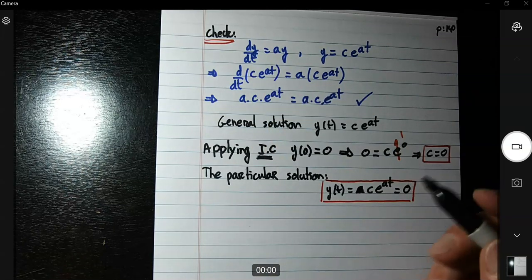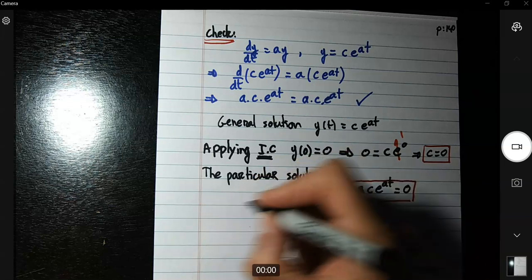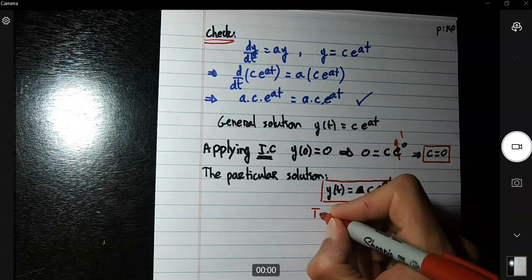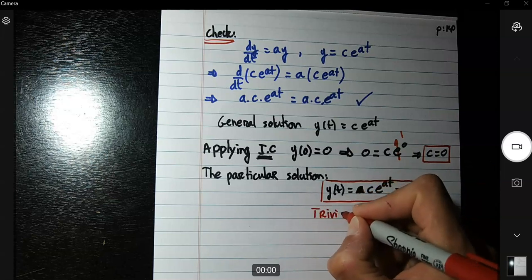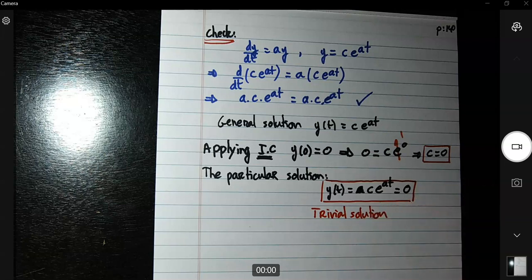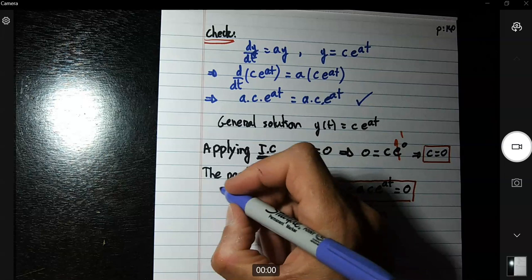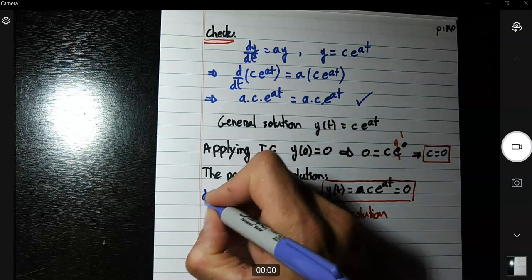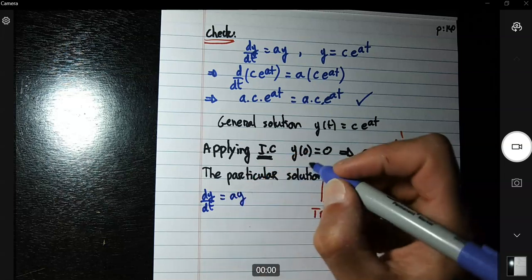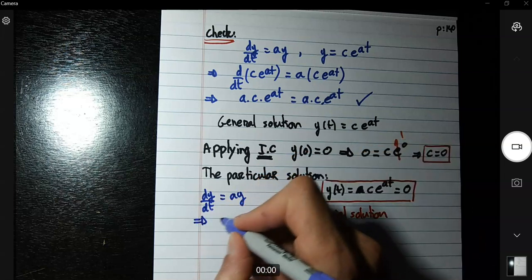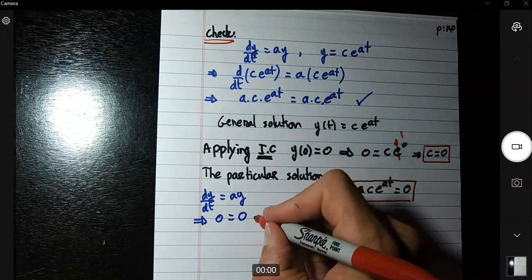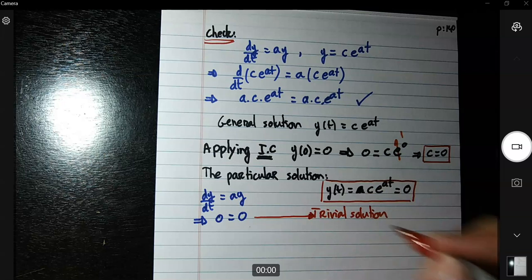So that's not good. This is what is known as the trivial solution.